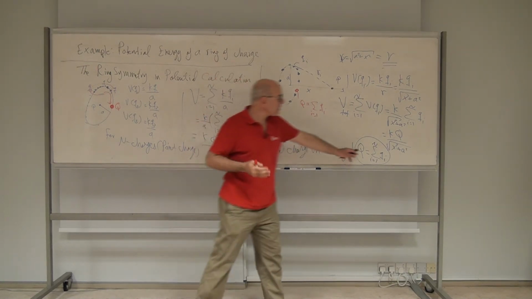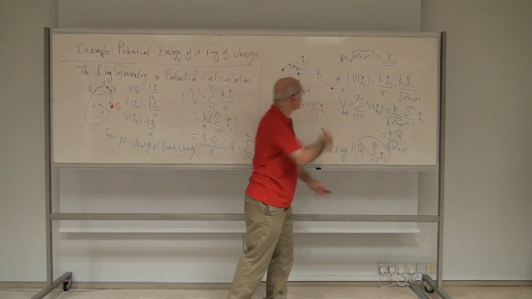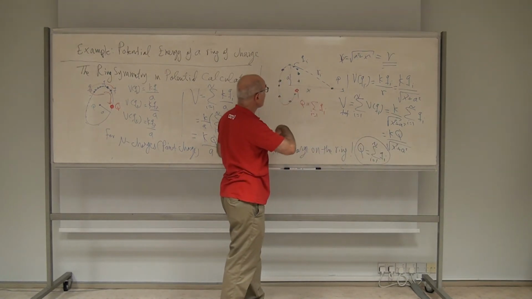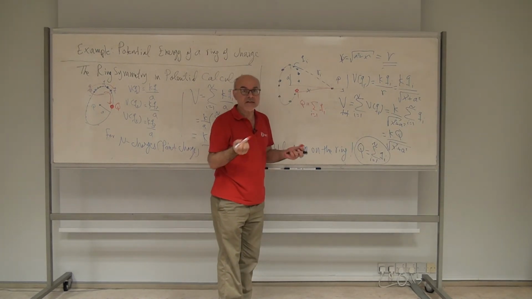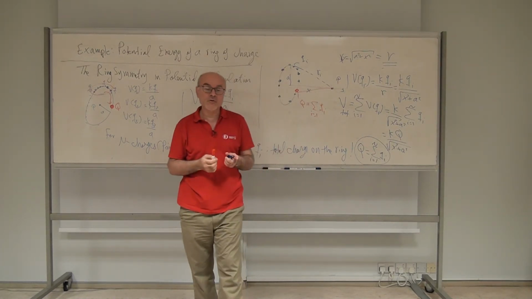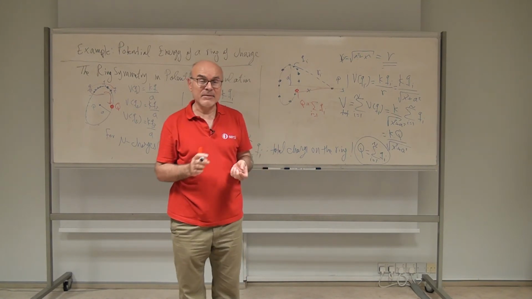And the expression is just kq over this distance, which is r. So that's the result which I call the ring symmetry.